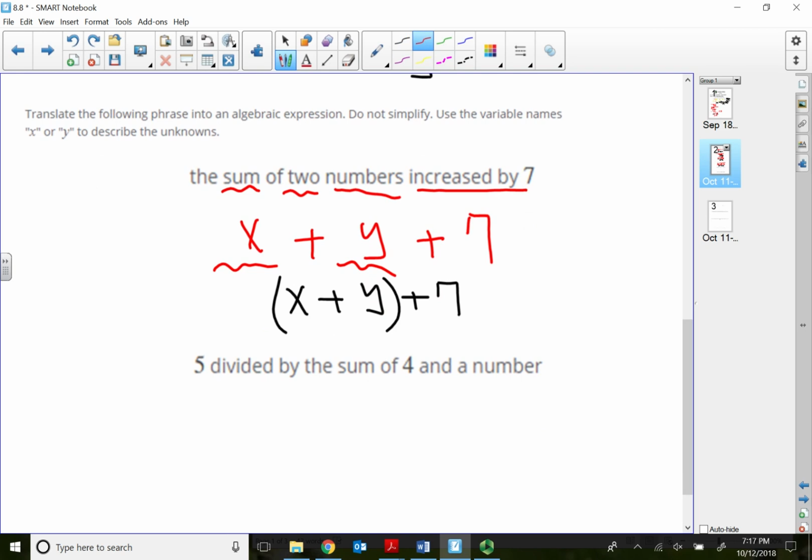All right, let's do one with division. 5 divided by. So when we translate for division, we normally write them as a fraction because the fraction bar means division. It's divided by who? Divided by the next word I translate.